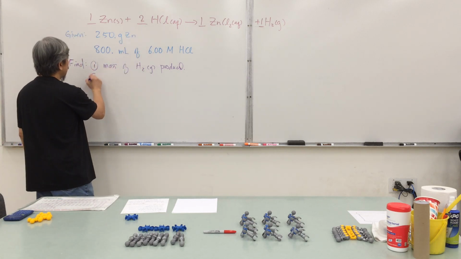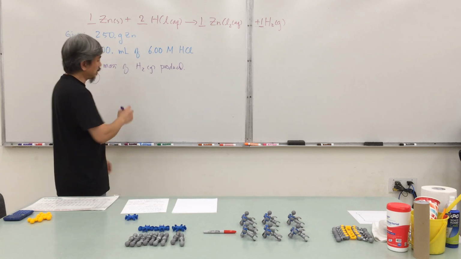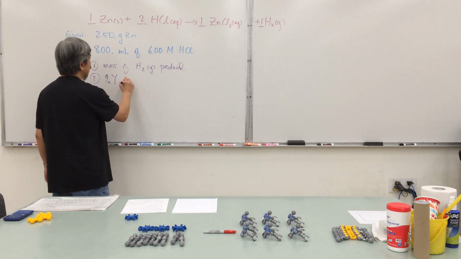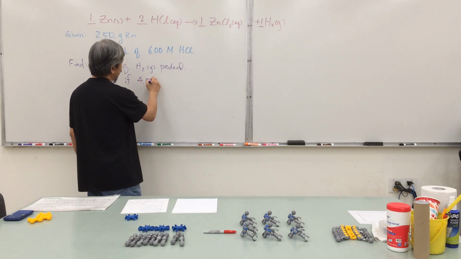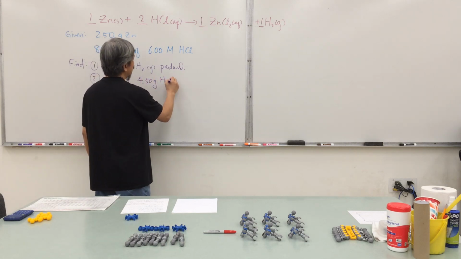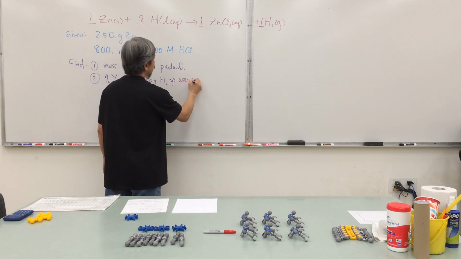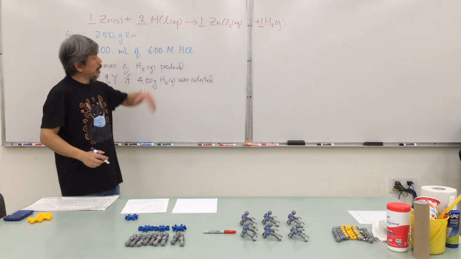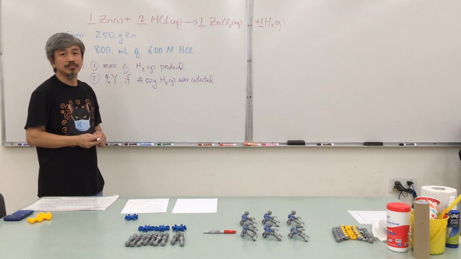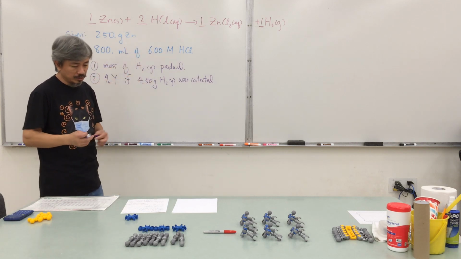And secondly, let's say that we want to go ahead and find the percent yield, if 4.50 grams of H2 gas was collected at the end of your reaction. So let's find these 2 things.